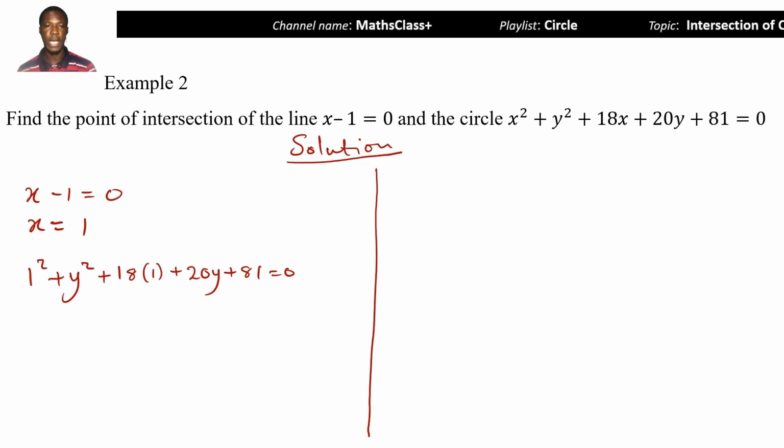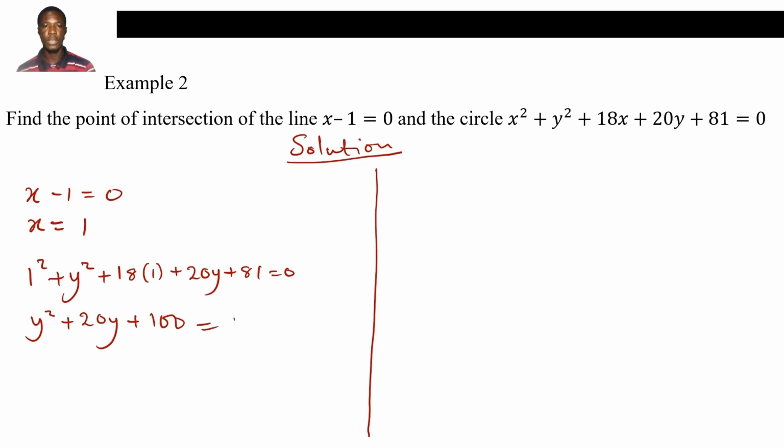So we will simplify and that will give us y squared plus 20y plus, so we have 1 plus 18, that will be 19, plus 81, that will be 100, is equal to 0.